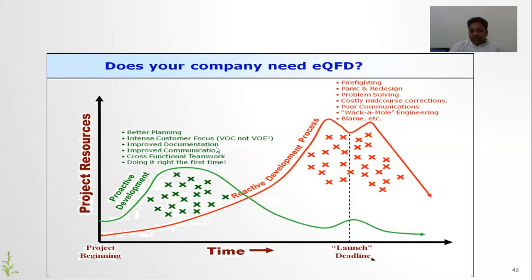Improved documentation, improved communications, cross-functional teamwork, doing it right the first time. This is very important, right the first time. If you do anything right the first time, it saves a lot of money. It represents you as a zero defect man.